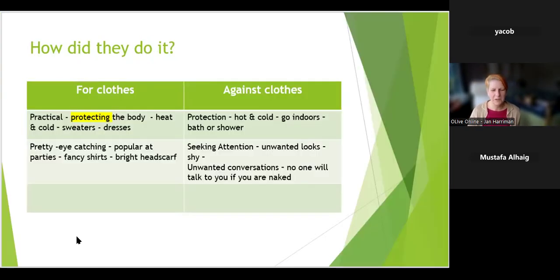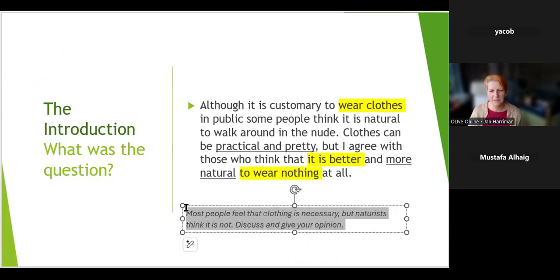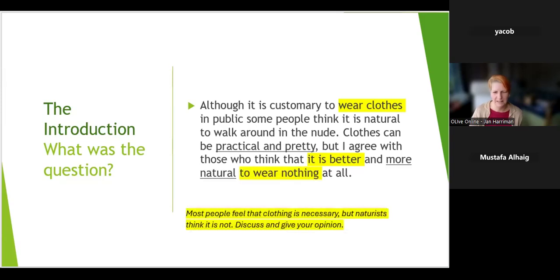So, what we're trying to do, this is why we're just pulling apart this. We read the introduction and we found the question that was being asked, right? What's the question? The question is most people feel that clothing is necessary, but naturists think it is not. So remember, I said there's always a value word that you need to look for in every task two question, right?